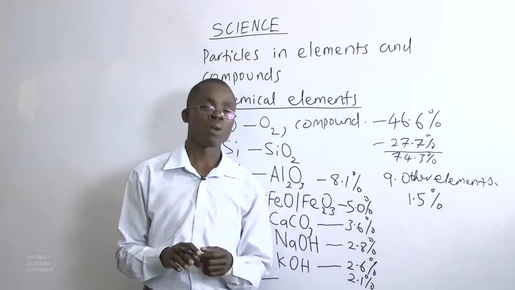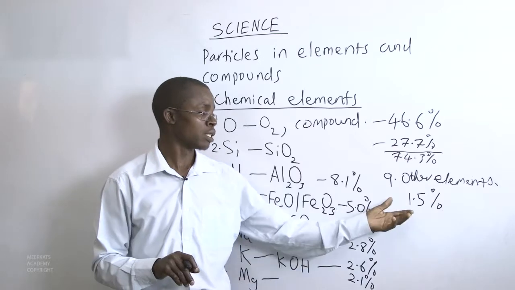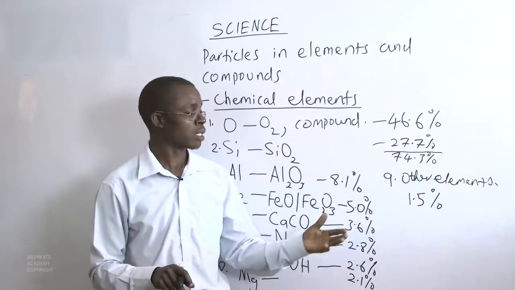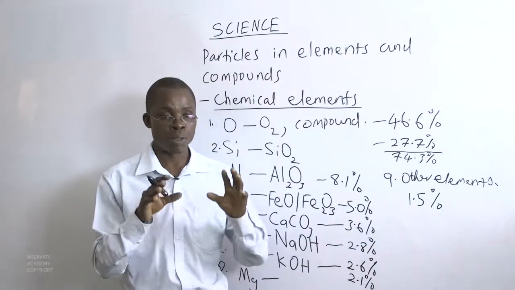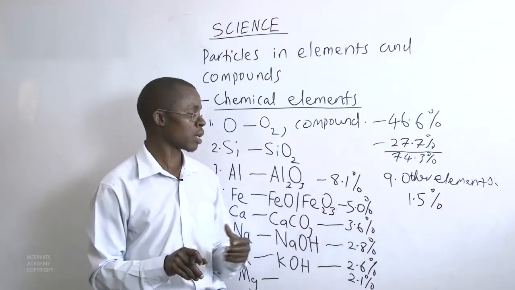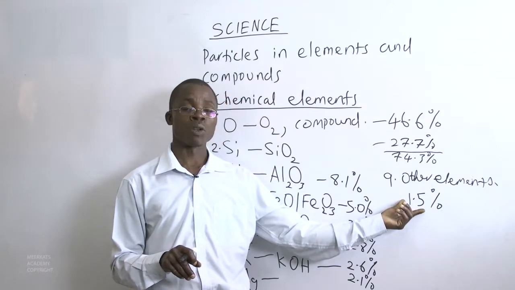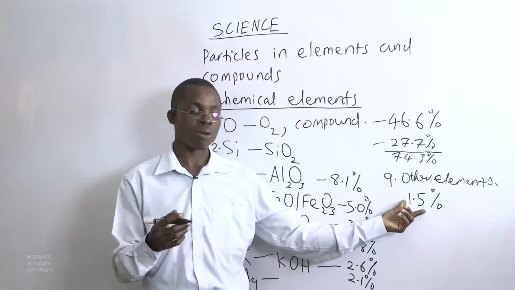Then calculate 1.5% of it and see how many tons you will be talking about. And that is how small or how big, depending on how you will have interpreted that figure after calculating the percentage by mass of 1.5 of the whole earth.